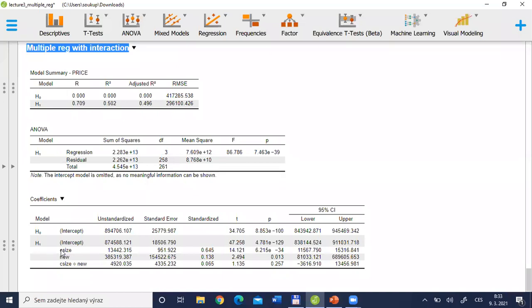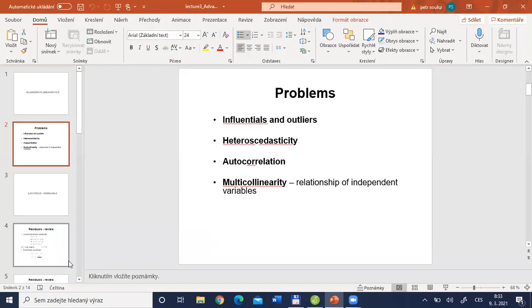So if you compute, for example, the correlation of size and new, ideally it would be 0. But we are not living in ideal conditions, especially in social science. That's why usually two or more independent variables are somehow related. And if they are related, we are discussing multicollinearity. If this relationship is very strong, it will influence our results.